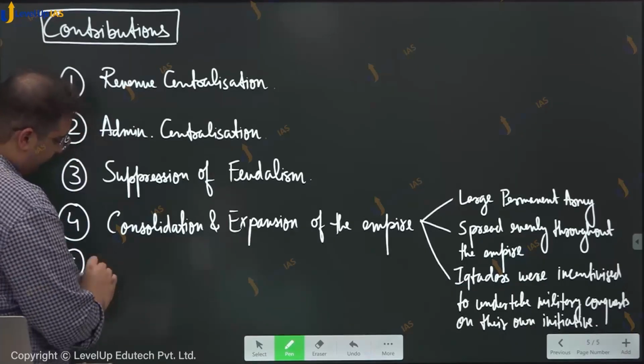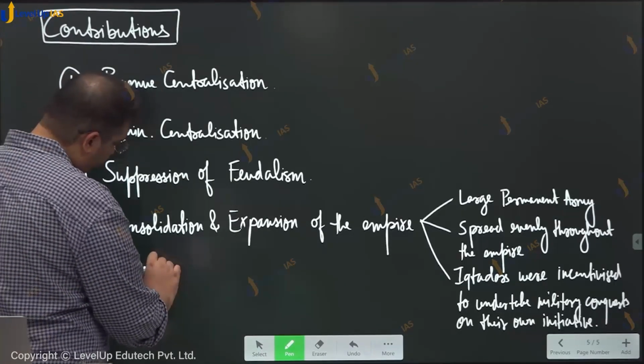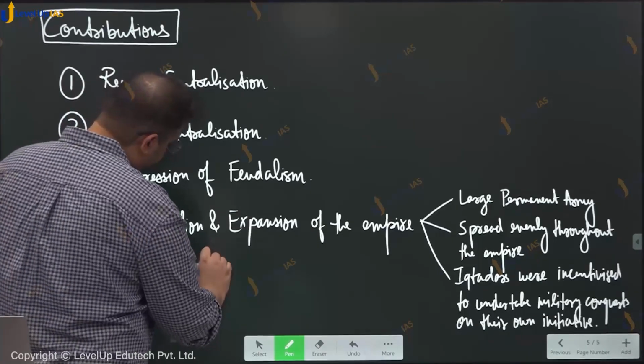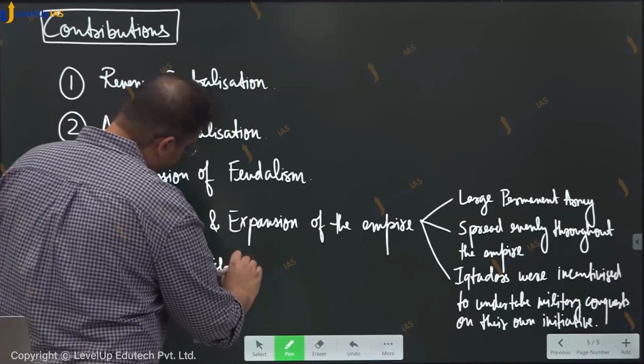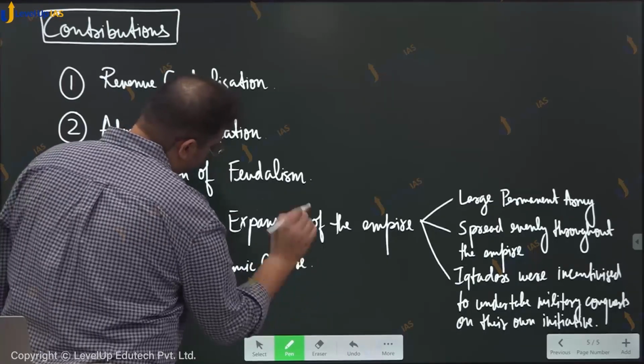Number 5, you can write: diffusion of Islamic culture.